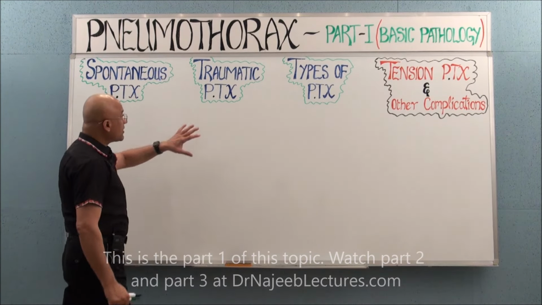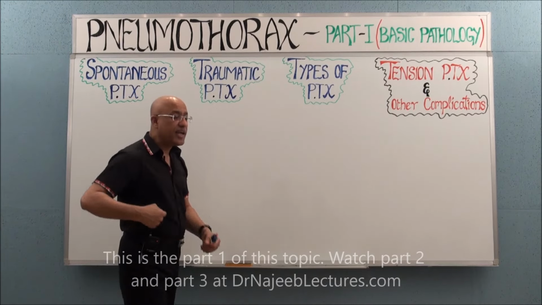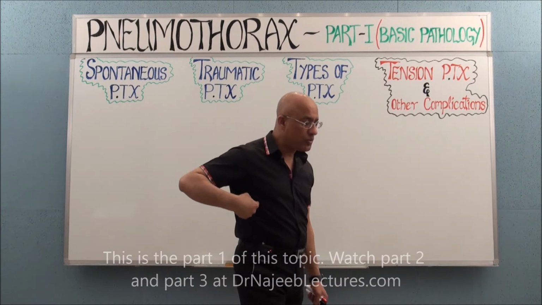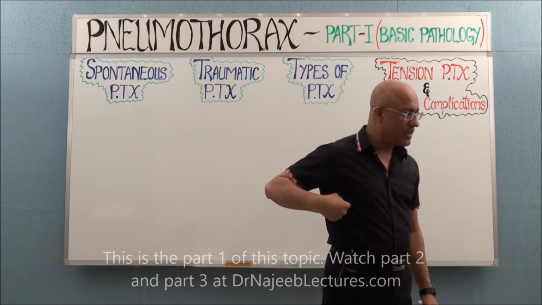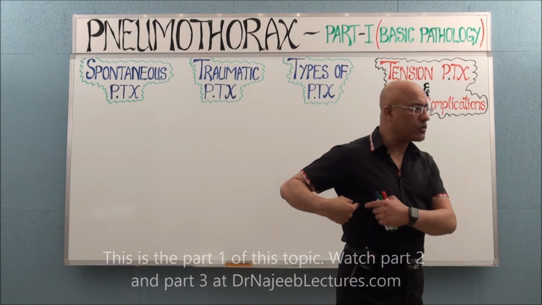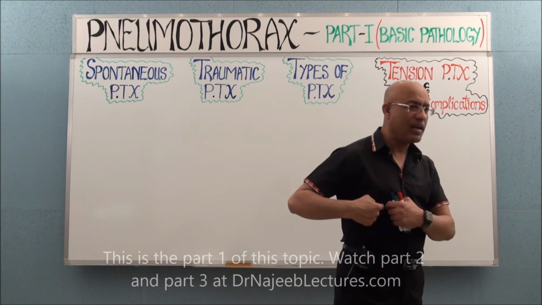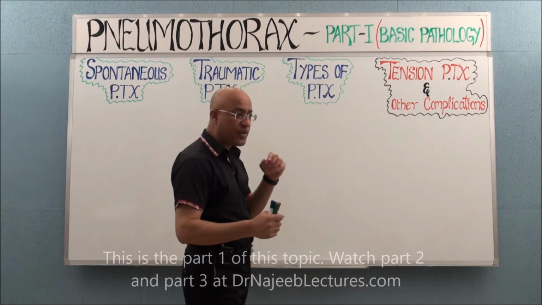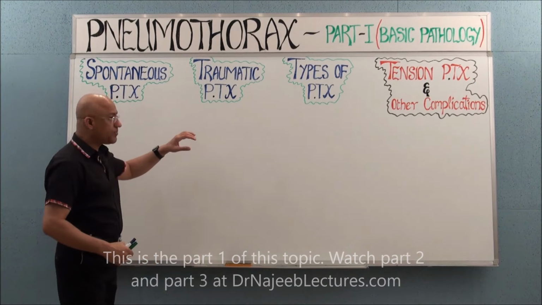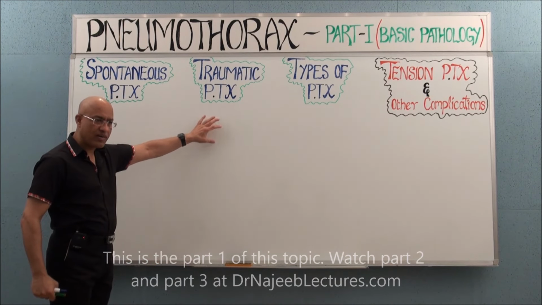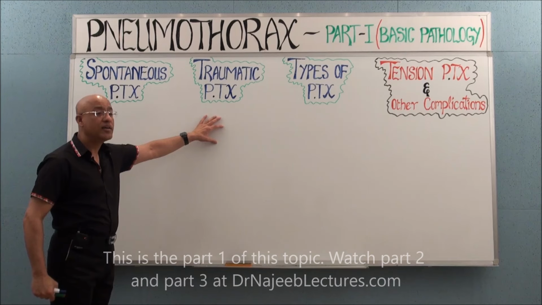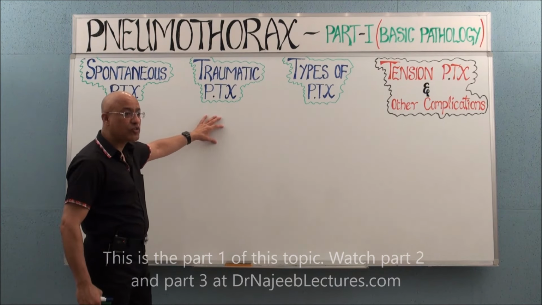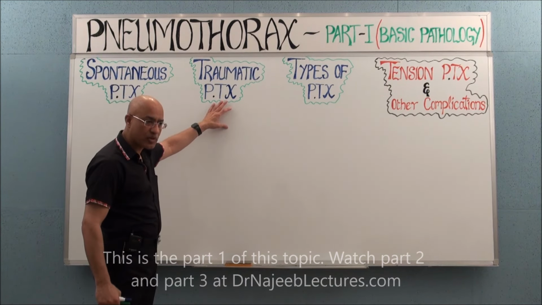But traumatic pneumothorax is when air enters into the pleural cavity, either because there is trauma to the chest wall or trauma to the lung tissue. So if the entrance of air is after the trauma or due to the trauma to the chest wall or to the lung, then we say this pneumothorax is traumatic pneumothorax.